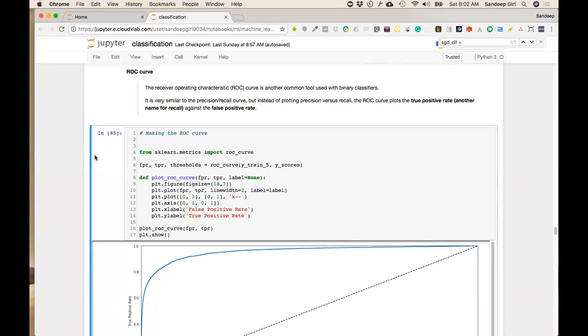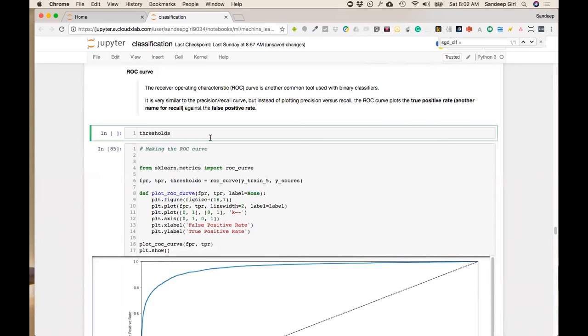Let me just put the sentence here so it'll make more sense. So this is the question that Kamal has asked. Now, here all we are doing is, after we have trained our classifier, we are checking how well a particular digit is matching.